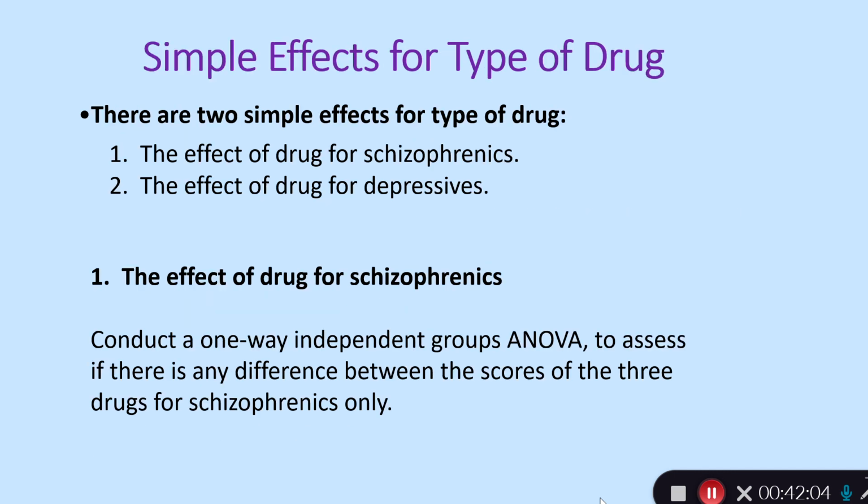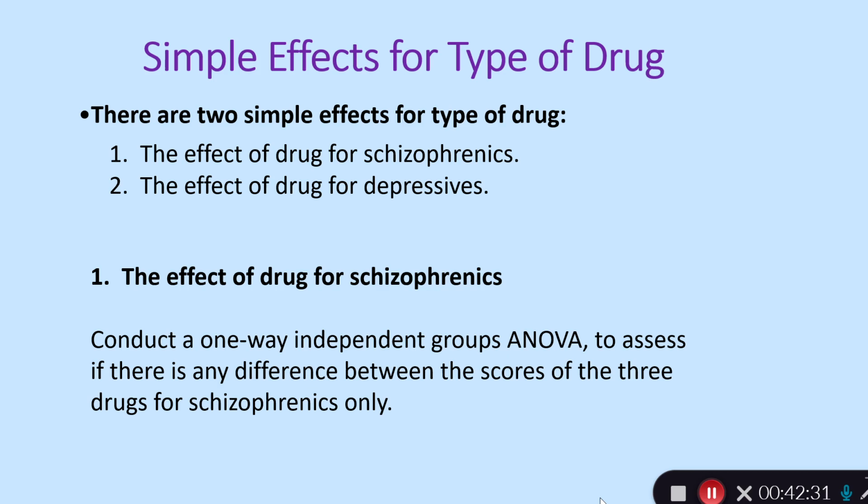So there are 2 simple effects for the type of drug: the effect of drug for the schizophrenics and the effect of drug for the depressives. To test the first one, the effect of drug for schizophrenics, we would conduct a one-way ANOVA comparing the 3 types of drugs for schizophrenics only.